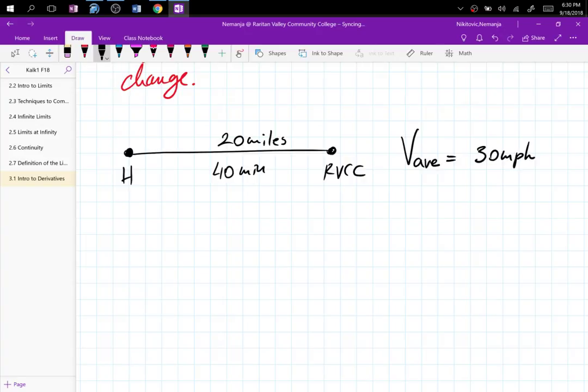How do I know that? Well, you covered, velocity average, that's the secant line calculation.